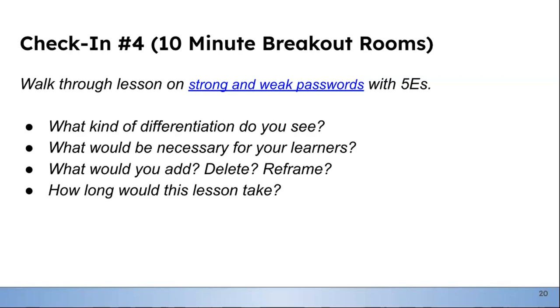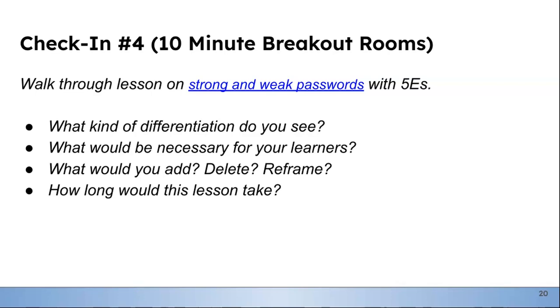What would be necessary for your learners in this lesson? Hi, Darlene. Yeah, go ahead. We were thinking about 100s, 150s, and we thought there's so much in here as one lesson. It's too much, too overwhelming, but we could introduce an item and then maybe 10 or 15 minutes a day, have review.